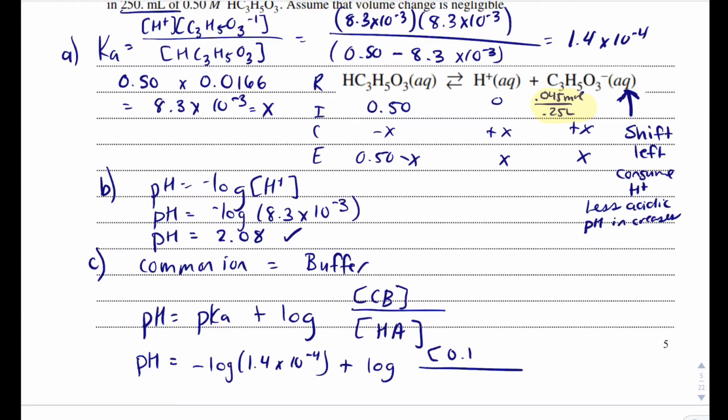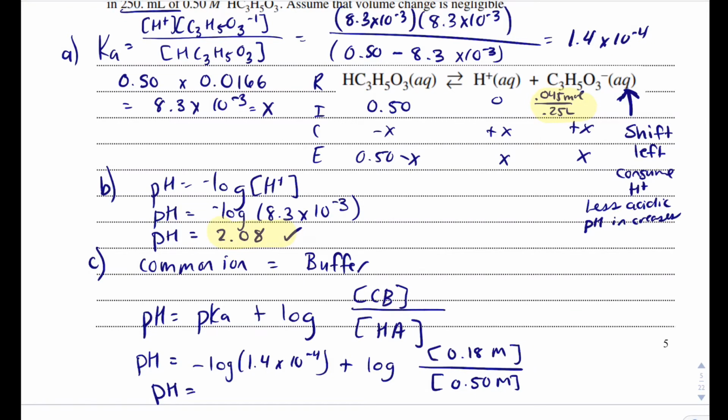I got 0.18 molar divided by 0.50 molar. And when I plug this into my calculator, I know I'm expecting a higher pH than 2.08. And actually what I get is 3.41. Okay, and that makes sense. That is reasonable. And it's still going to be more acidic because I have more of my acid than I do the conjugate, so it should be lower than the pKa.